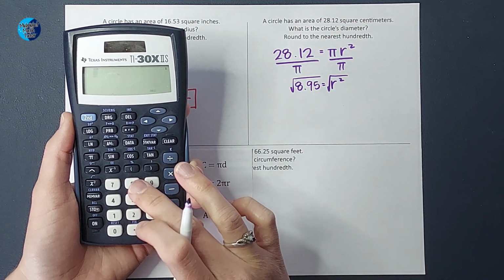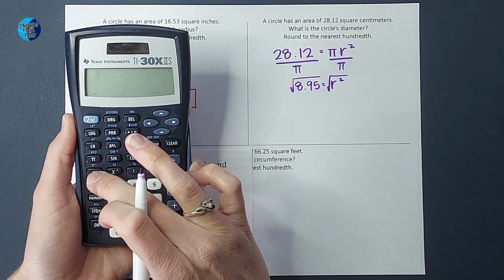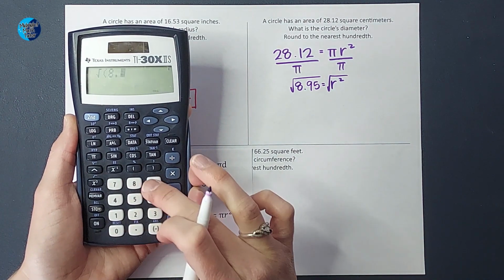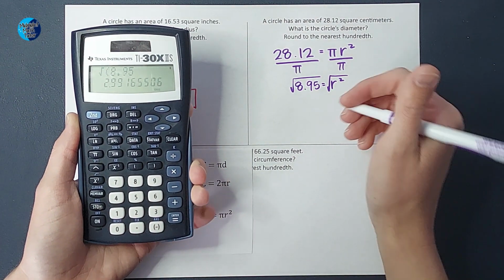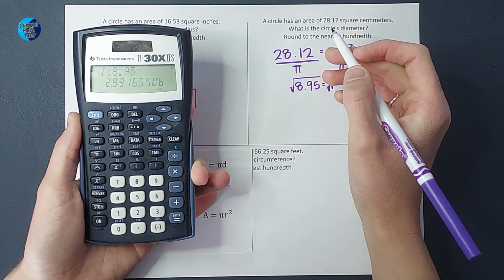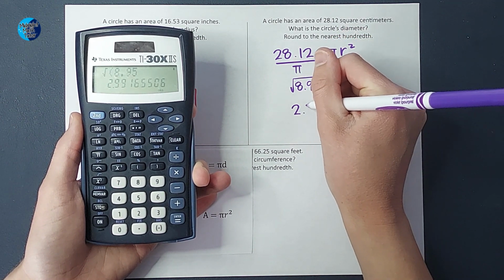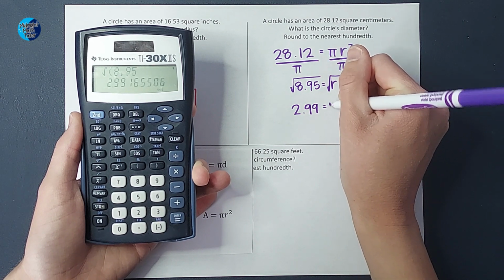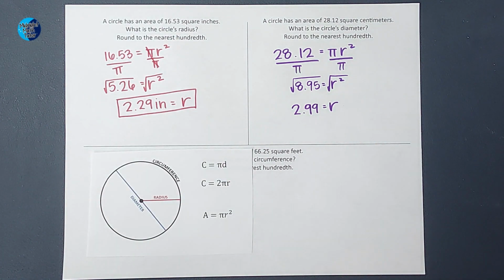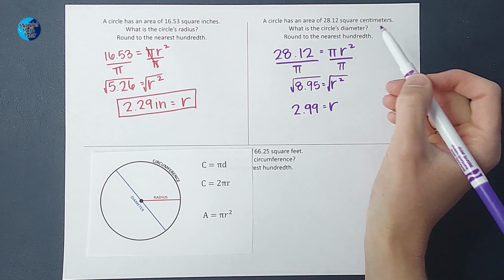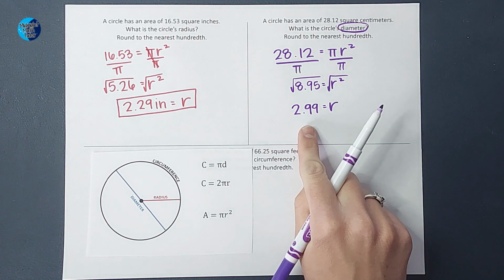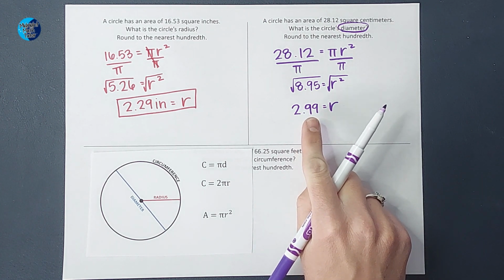So I end up with the square root of 8.95 equals 2.9916. I'm going to round it to 2.99 equals r, or my radius. But remember, we don't want our radius this time. We want our diameter, which is just 2 times that.